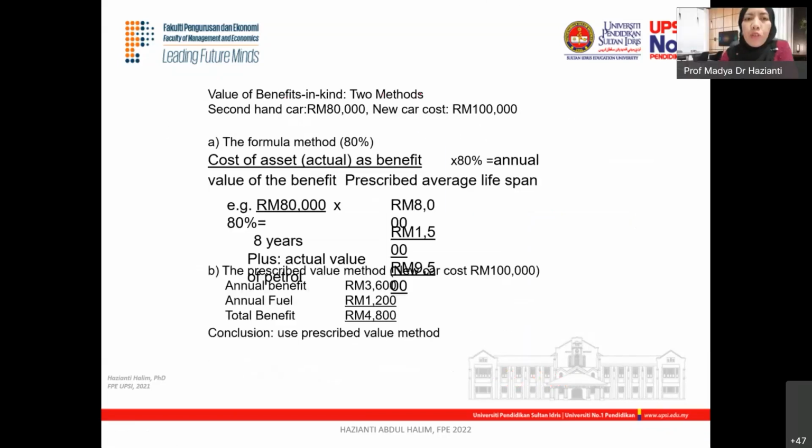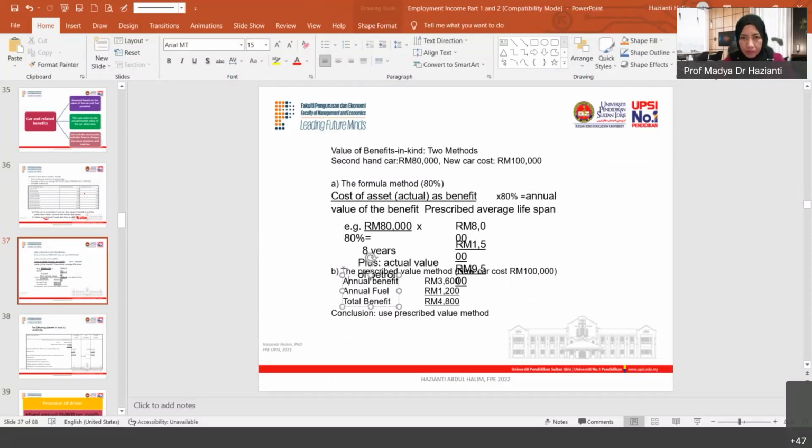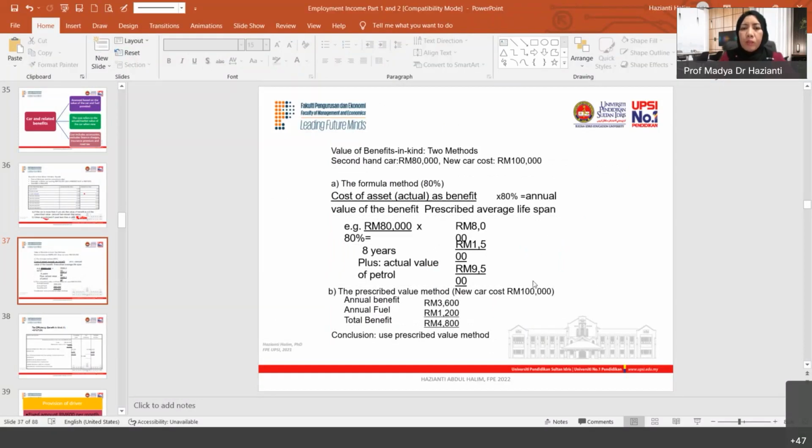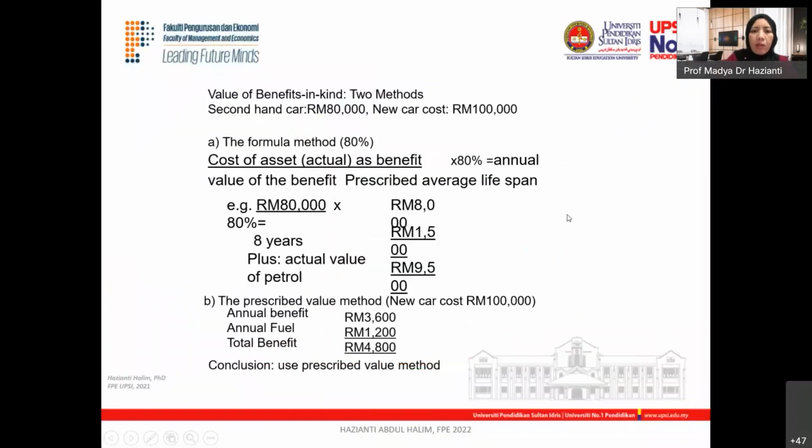Okay, example. Two methods. Second-hand car, 80,000. New car cost 100,000. There is the formula method. To keep it simple, I will show using the one below, the prescribed value method.